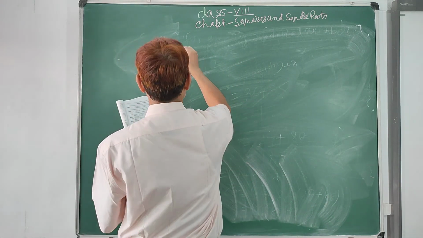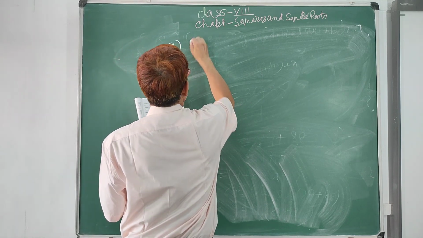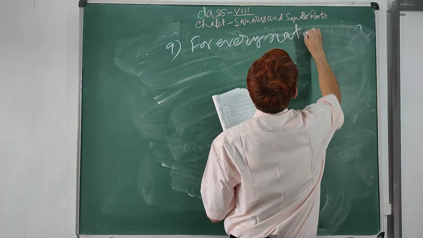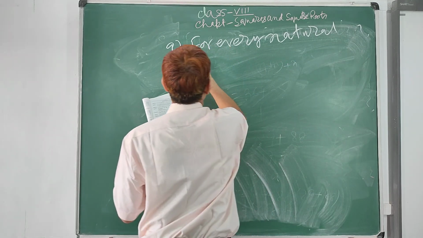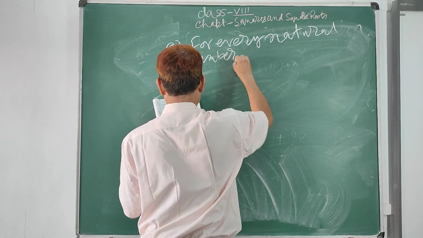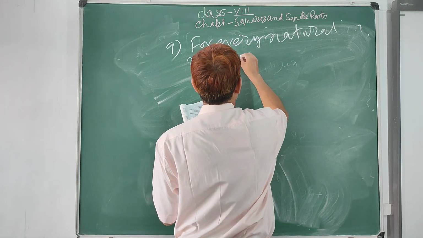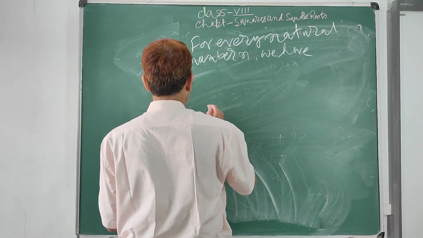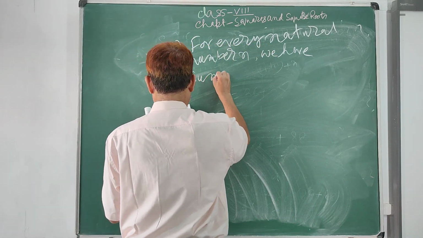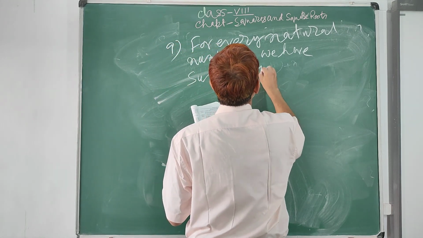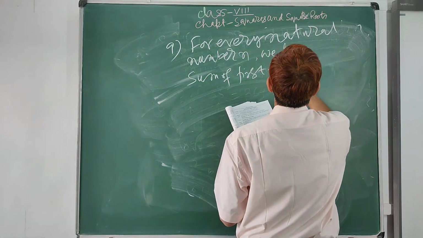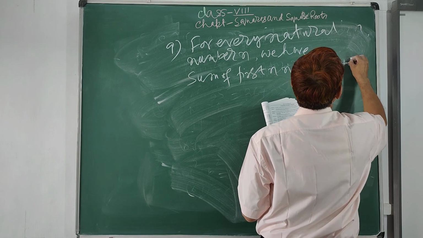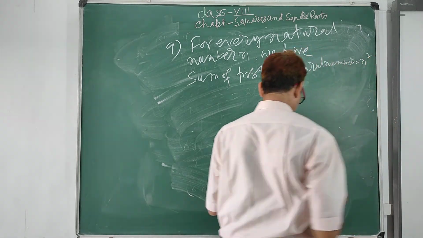Property number 9. For every natural number n, we have the sum of the first n odd natural numbers equal to n square.